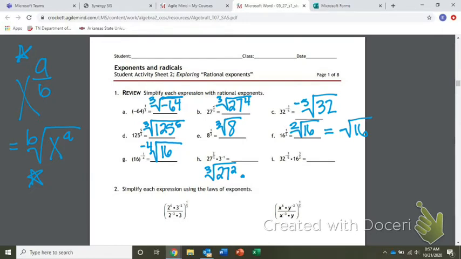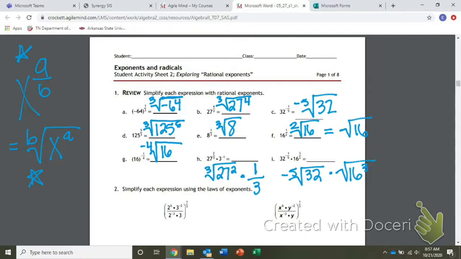Put it on the bottom. So that's a 1/3. Okay. The last one would be a -5 with a 32 times the square root of 16 cubed.